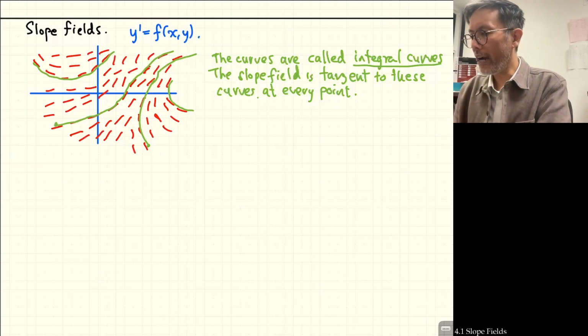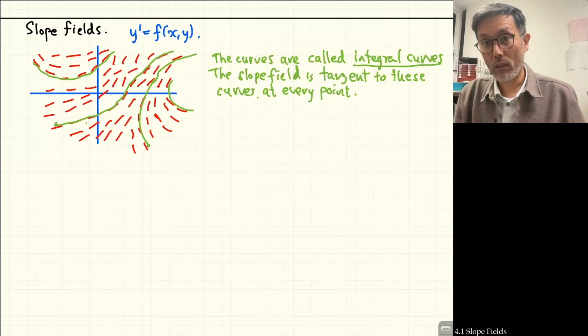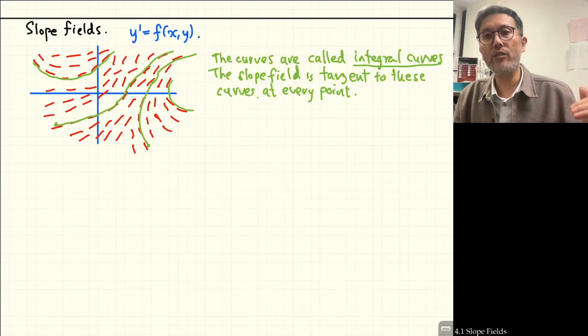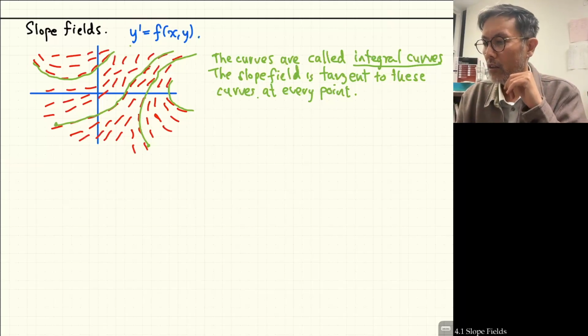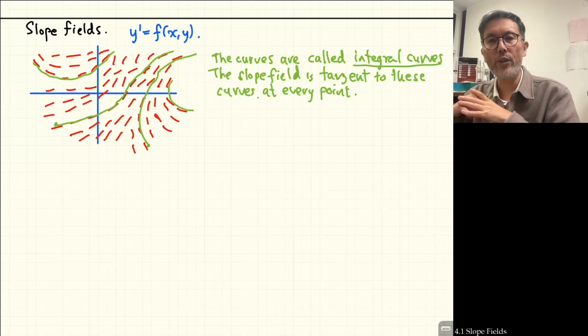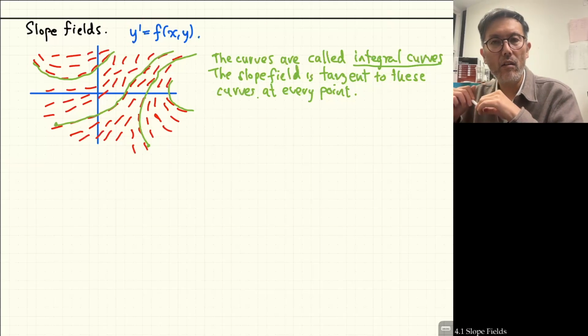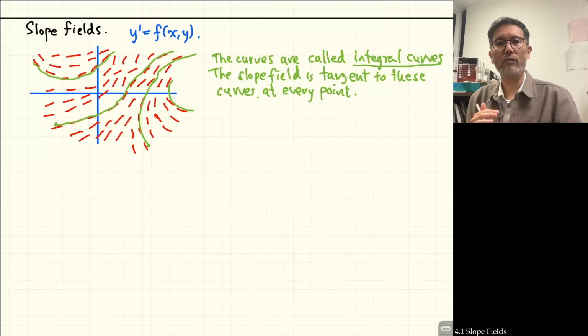Okay, so when you have integral curves, because the red line segments are tangent to these green curves, you're going to have these curves satisfying this differential equation here. Because after all, y prime, as you know from your calculus days, represents the slope of the tangent line to the curve, right?